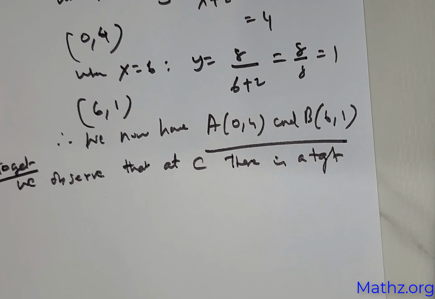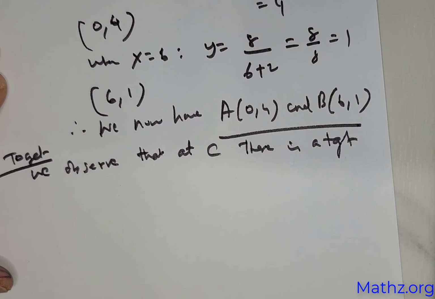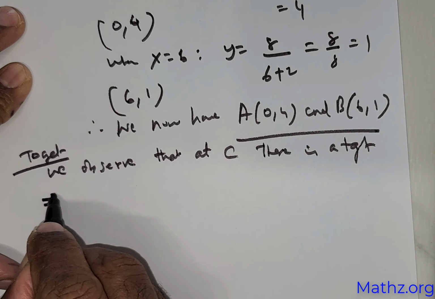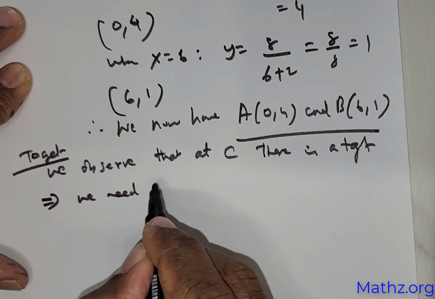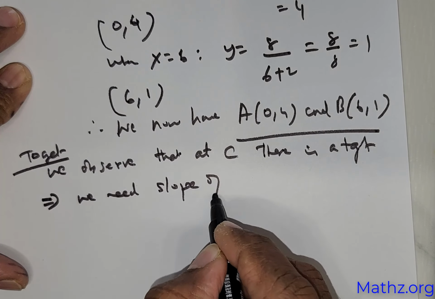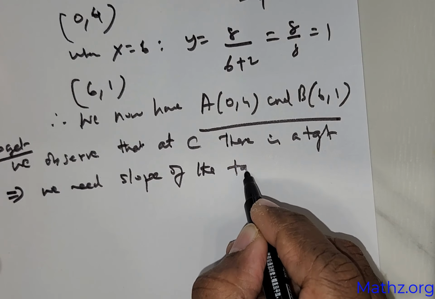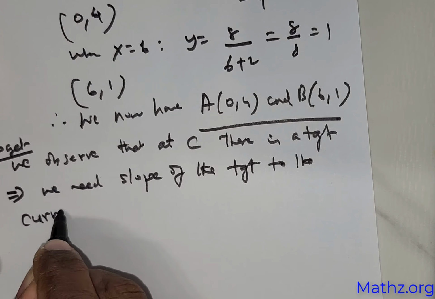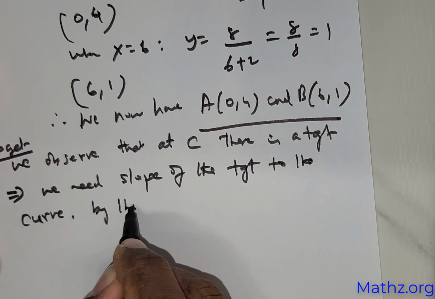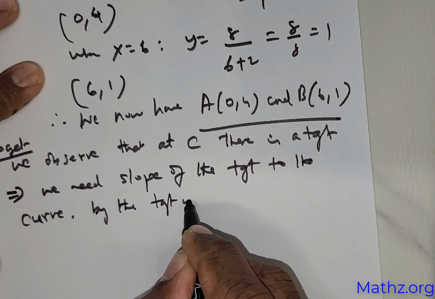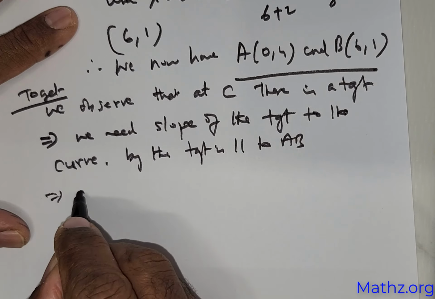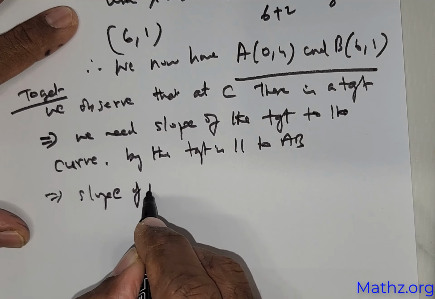So that would mean if there is a tangent, definitely we will have to get the slope of the tangent, the slope of the tangent to the curve. But the tangent is parallel to AB. So this would mean we need to get the slope of AB.